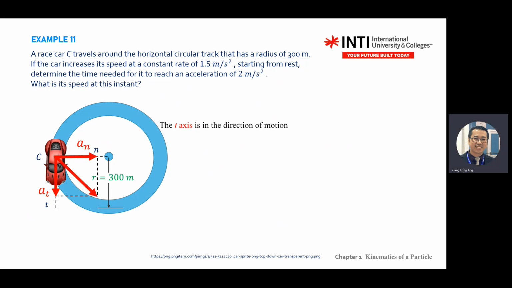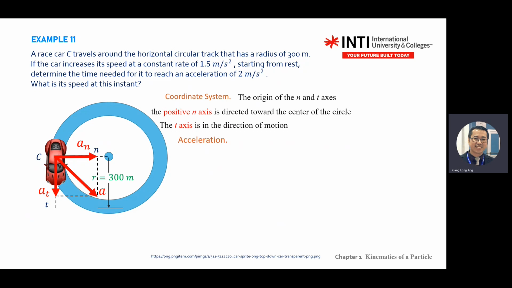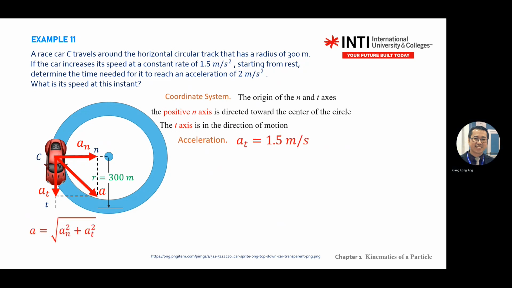So again, once you have a vector, always remember that you need to find resultant. Don't stop there. Coordinate system, AT positive, and so on. So acceleration, AT given 1.5. AN you can find from this formula, V squared divided by rho.